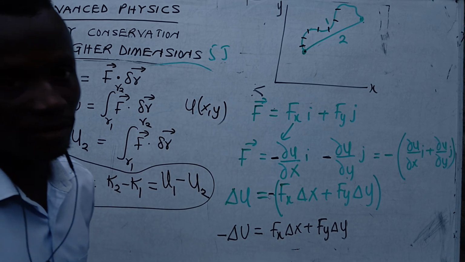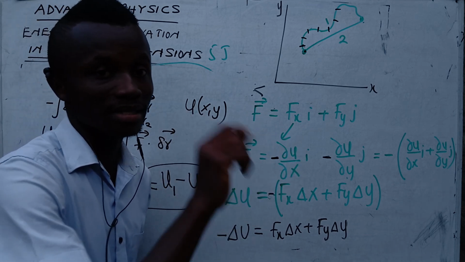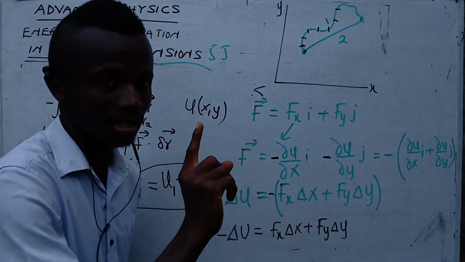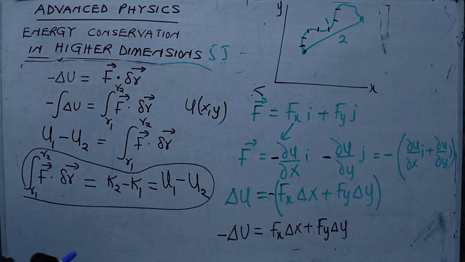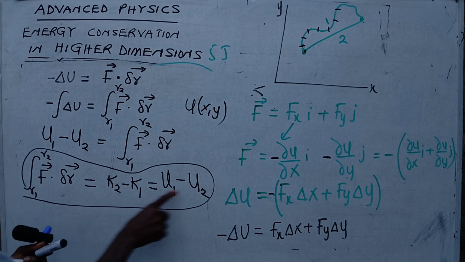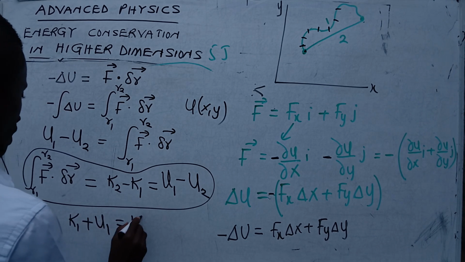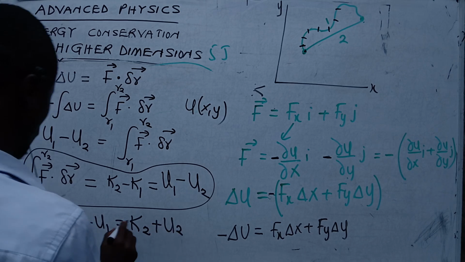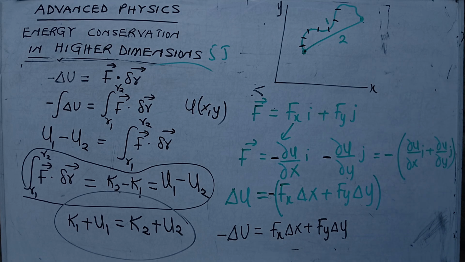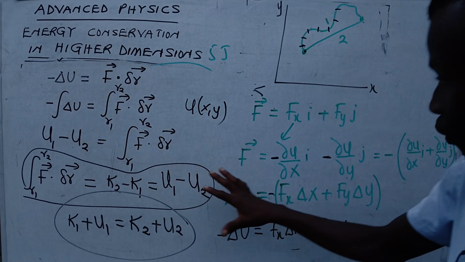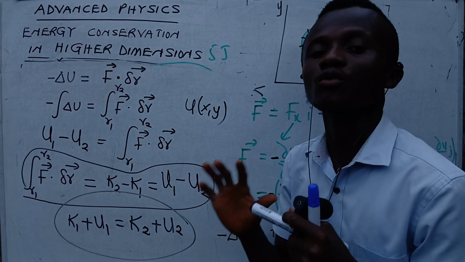So what is a conservative force? A conservative force is a force whose work done is independent of the path taken. But in technical terms, it is a force defined from a change in a height function. Okay? So if we're able to do this, then of course k1 plus u1 is equal to k2 plus u2. So in higher dimension, we're able to do this for conservative forces. But the good news is that nature is so kind.